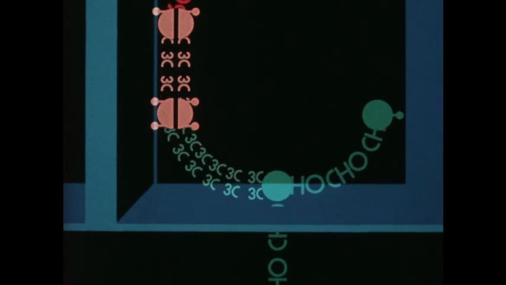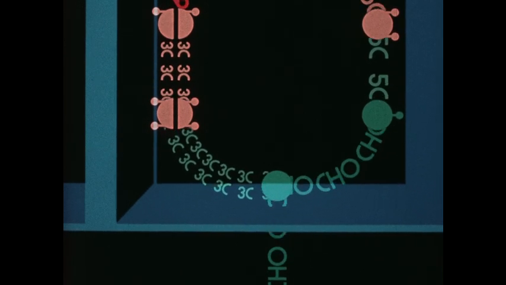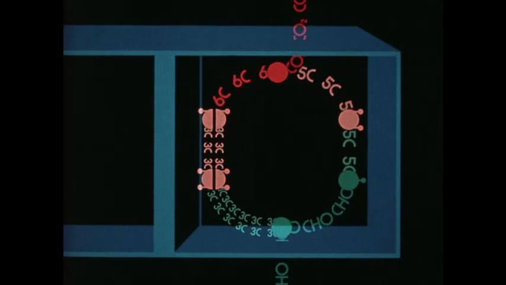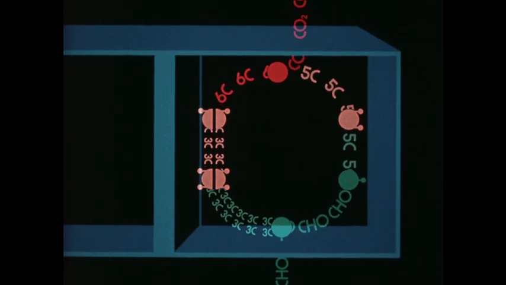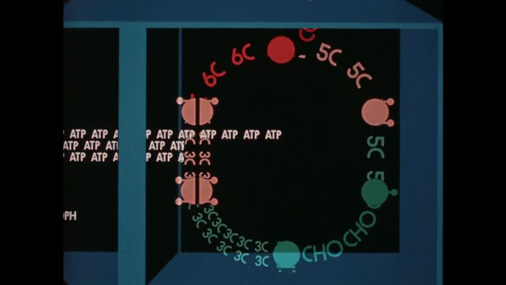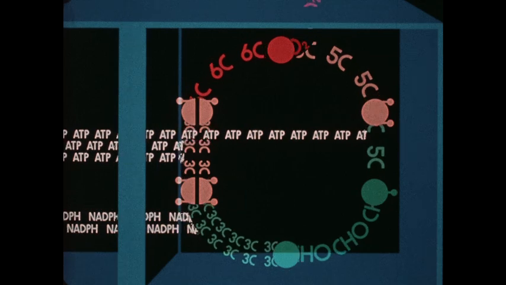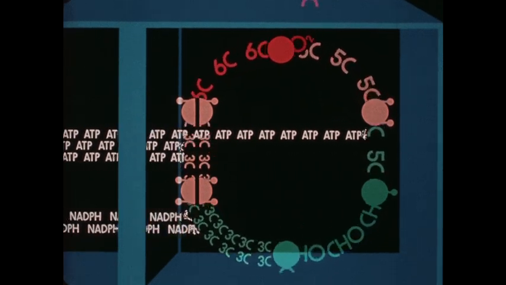Some of the simple sugar is used to regenerate the 5-carbon compound, ensuring that the cycle will be perpetuated. 3 molecules of ATP and 2 of NADPH power the reactions, which allow 1 molecule of carbon dioxide to move through the carbon cycle.